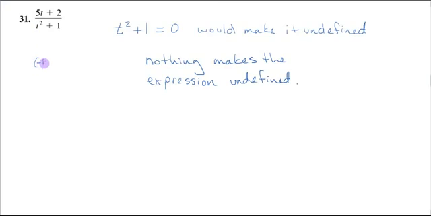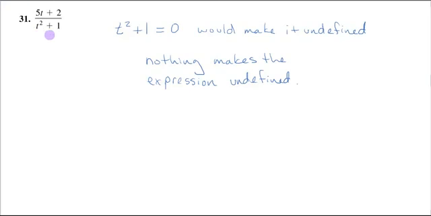A negative 1 squared plus 1 is 1 plus 1, which is 2. That's not 0. So apparently, a negative 1 is not a problem either. It's okay to let t equal negative 1 here. Same with 1. If I put a 1 in there and squared it, I would get 1 plus 1 is 2. Does not make that expression undefined.